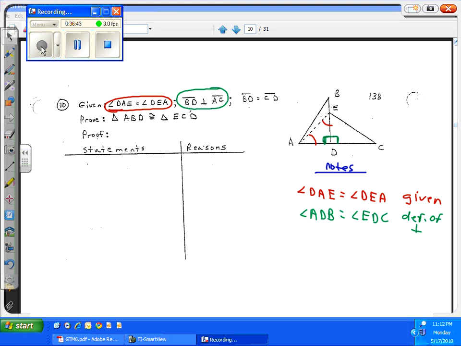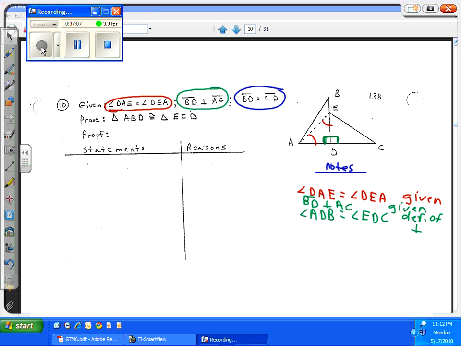Now, I know that if I'm going to be able to say definition of, I need the word and what I get out of it. So I'm going to go ahead and put the word in there. BD is perpendicular to AC, reason given. It then says BD is equal to CD.